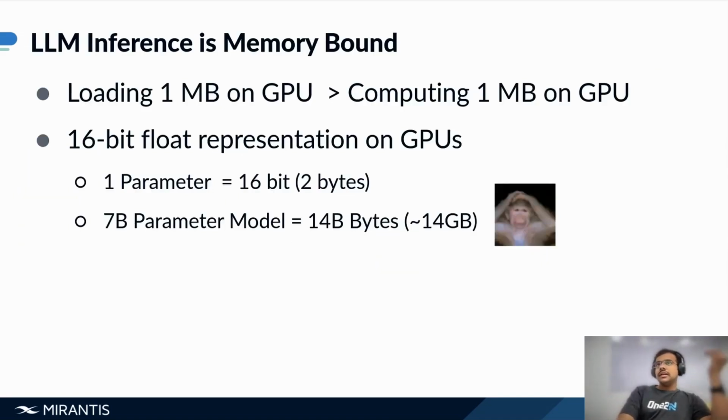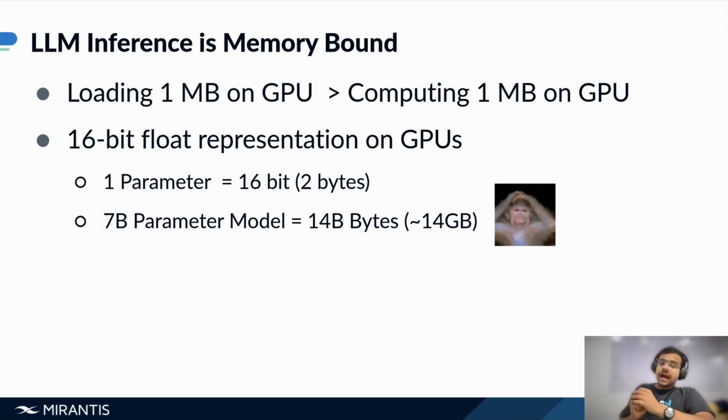Now coming back, LLM inferencing is memory bound. And you would be shocked to know that loading 1 MB on a GPU takes more time than actually computing 1 MB of data on GPU. Also, coming on to the memory requirements to even load these models, we represent parameters as 2 bytes, which is 16-bit float representation.